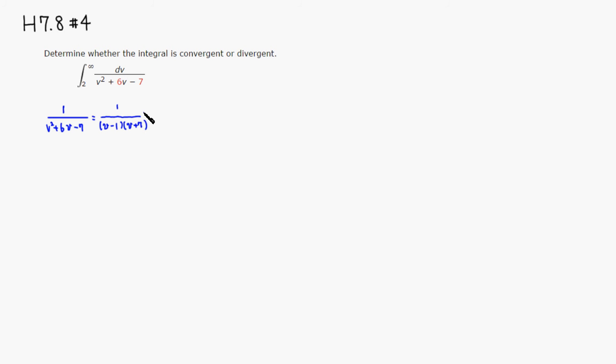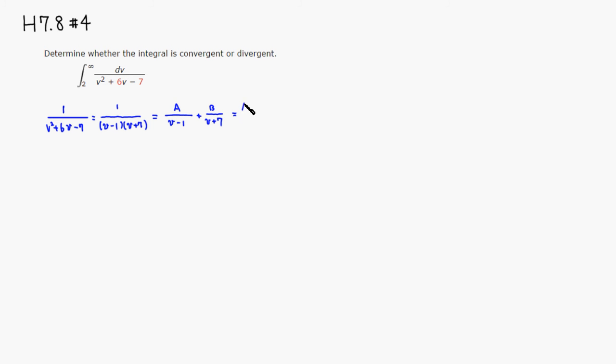Since these are just distinct linear factors, we can simply split that into A over v minus 1 plus B over v plus 7. Let's put them back together.